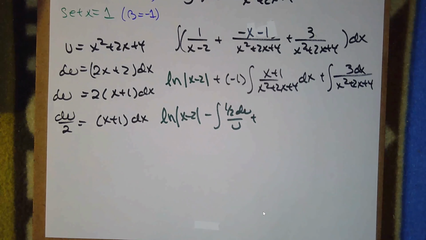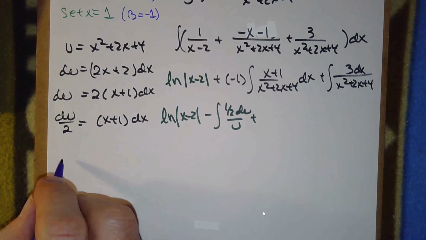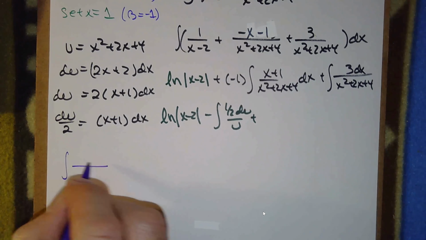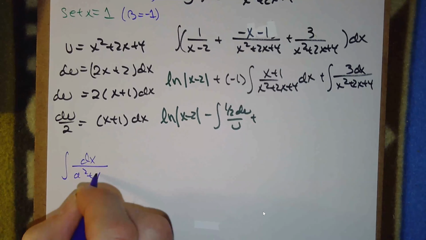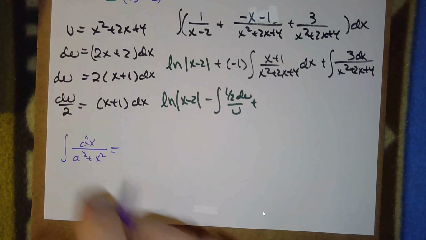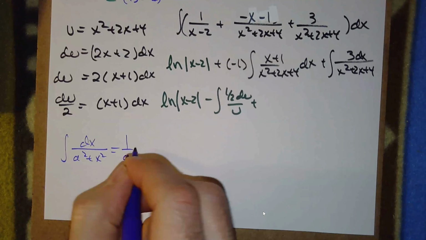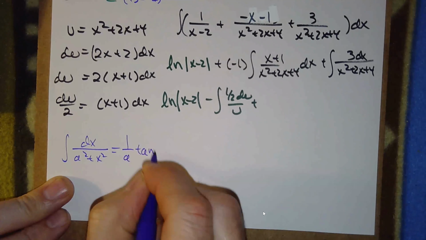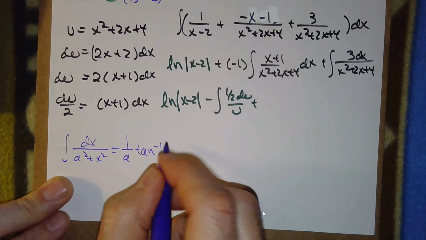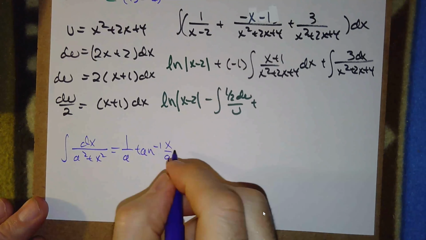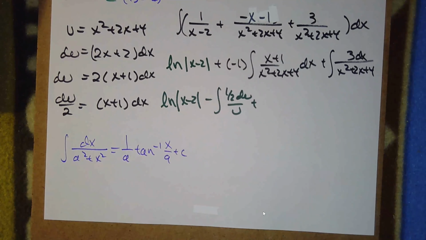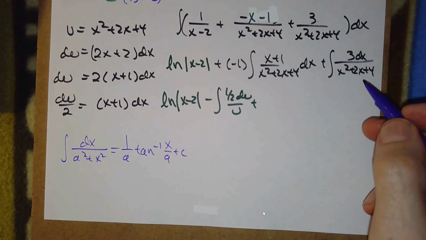Just a reminder or heads up: the integral of dx over a squared plus x squared is 1 over a times the tangent inverse of x over a plus a constant. So we're going to rely on that as we work with this.